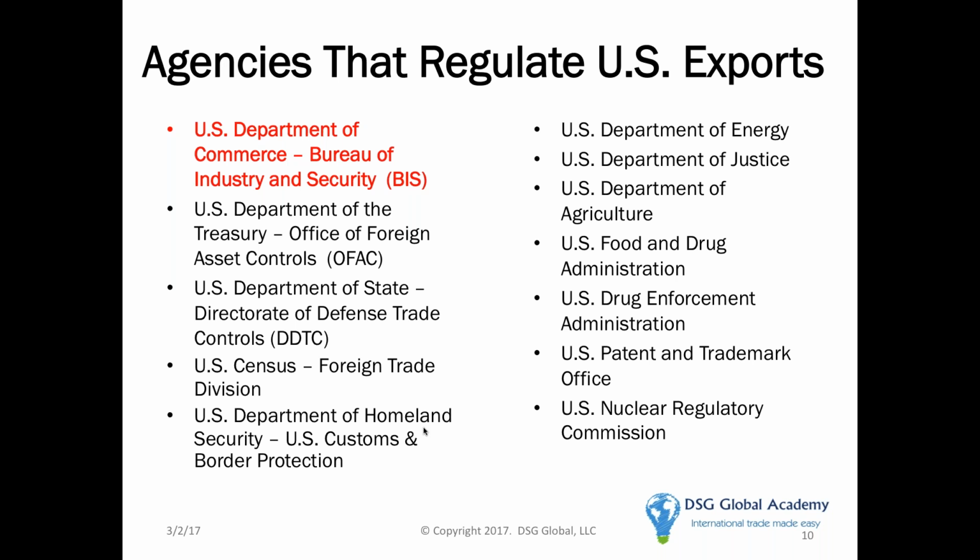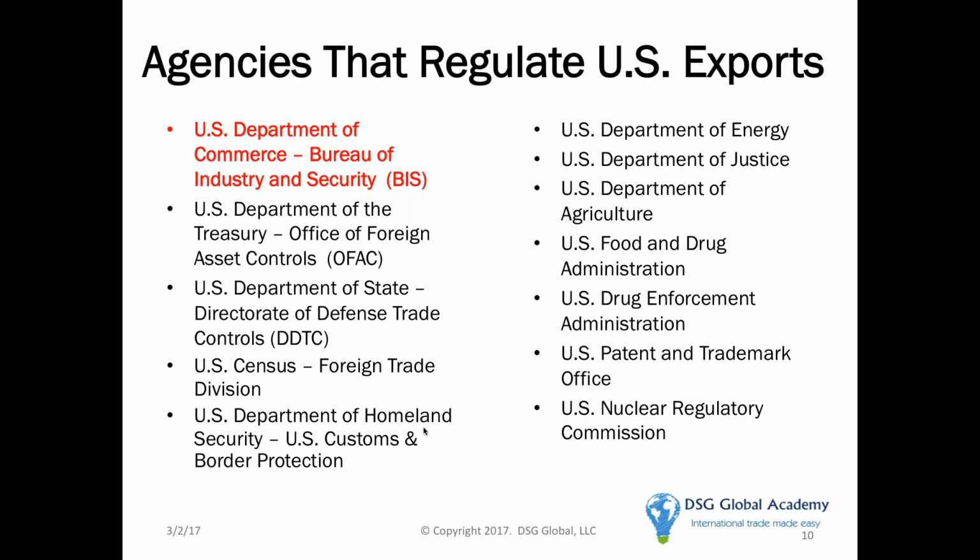And if you deal with any items on the US Munitions List, then the State Department's Directorate of Defense Trade Controls is relevant. Now, I also say US Census at the bottom, and they deal with export trade statistics.